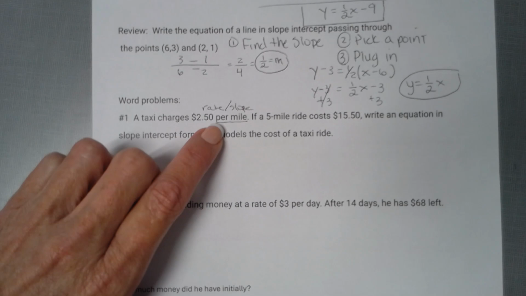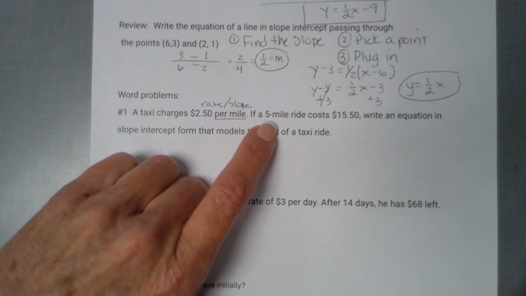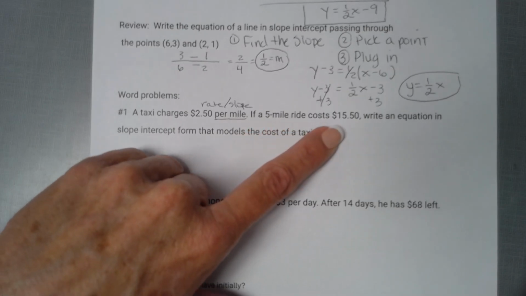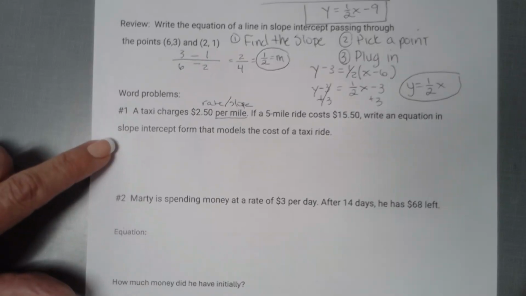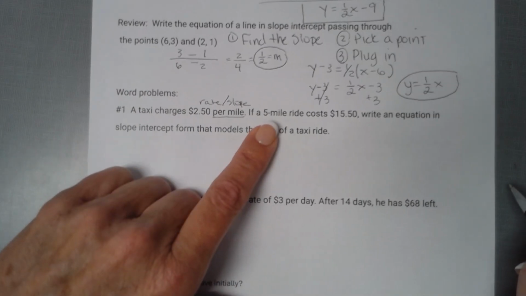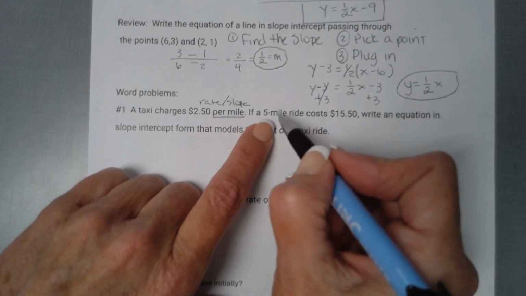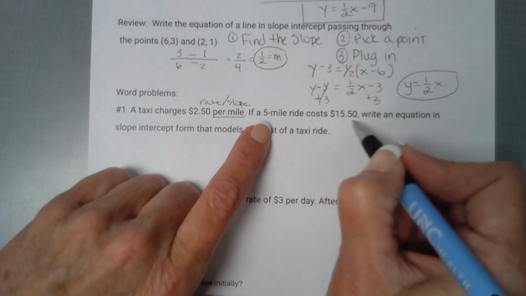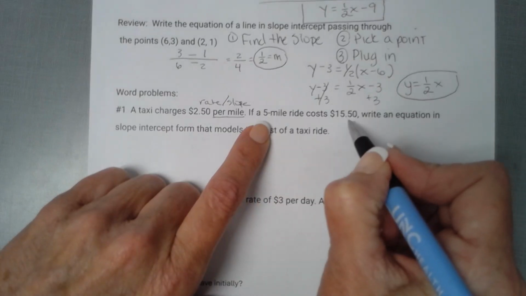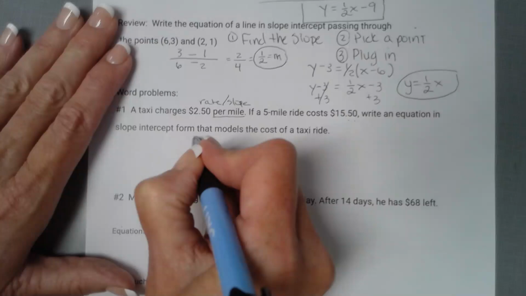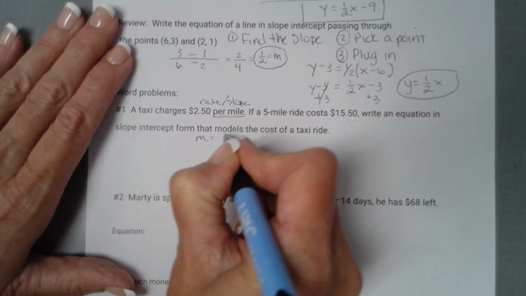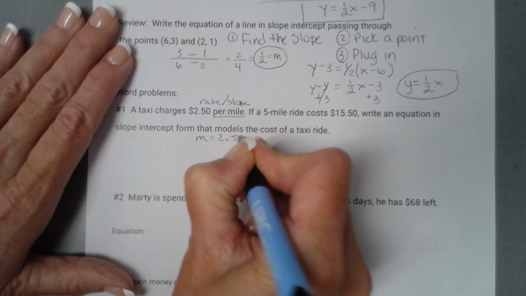So the next thing they give us is, if a 5-mile ride costs $15.50, write an equation in slope-intercept form that models the cost of the taxi ride. So notice it says per mile, and they give us 5 miles and the cost. Well, this is your ordered pair. So my m, or my slope, is 2.50.